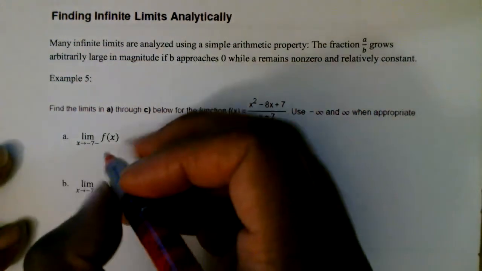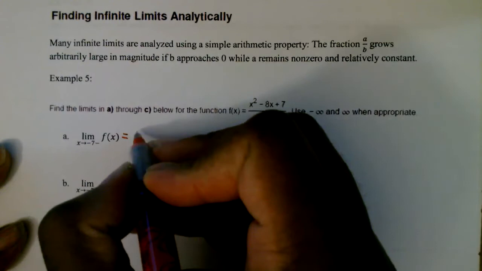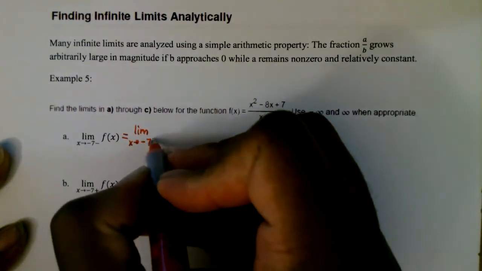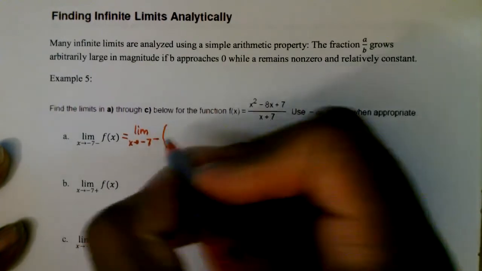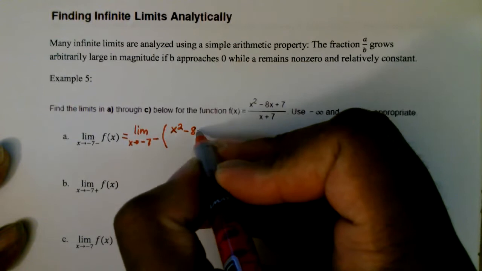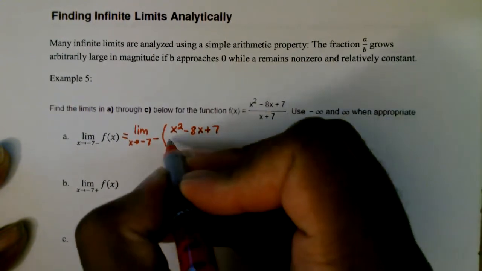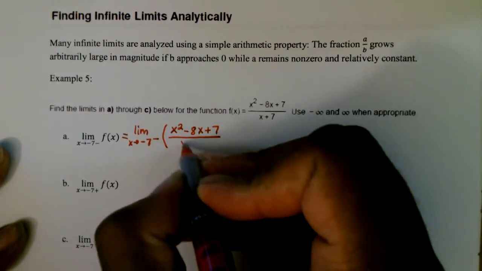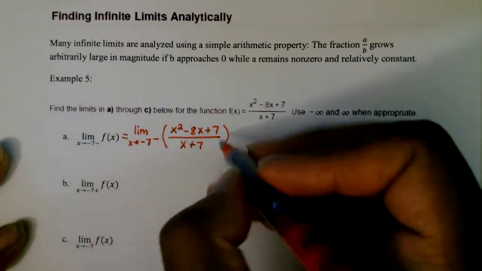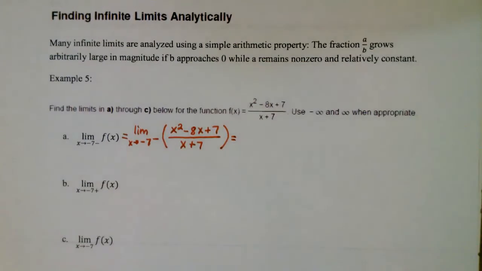All right. So let's analyze this. We have the limit as x approaches negative 7 from the left, and my f of x is x squared minus 8x plus 7, all divided by x plus 7. Now, I'm going to analyze the numerator and the denominator.